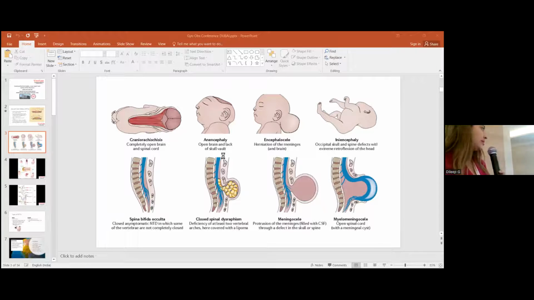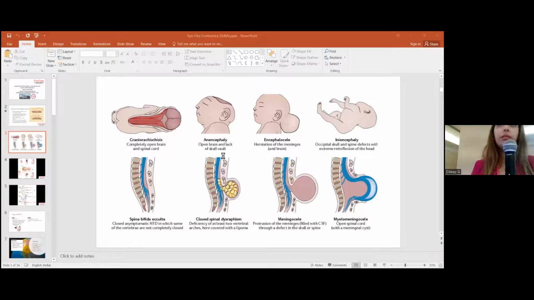Here we can see an open defect, with neural tissue and its elements protruding through the skin. But in the closed one, the skin is preserved, and it is less common.